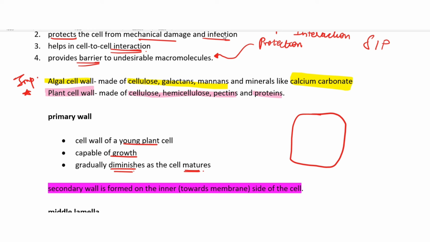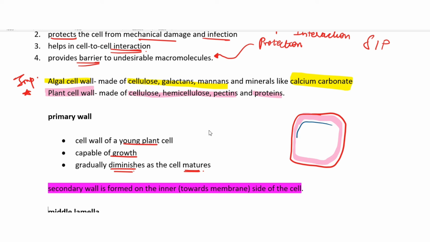So first you have this primary cell wall, found when the plant is young. Then as the plant matures, what develops is the secondary cell wall inner to the primary cell wall.